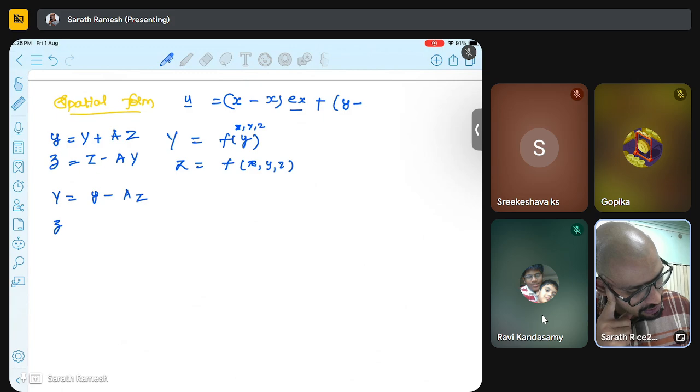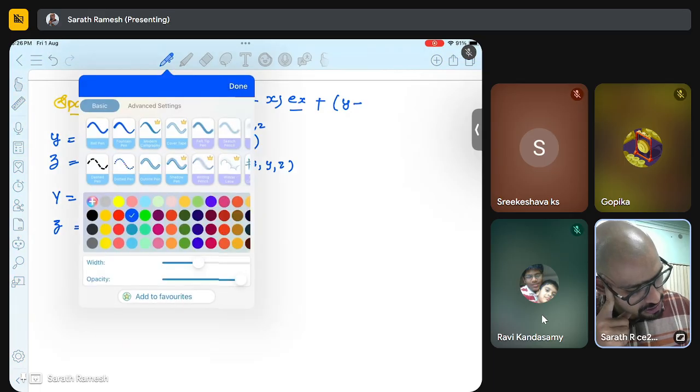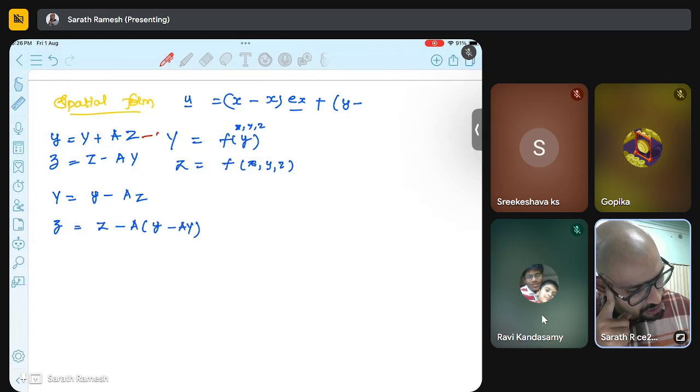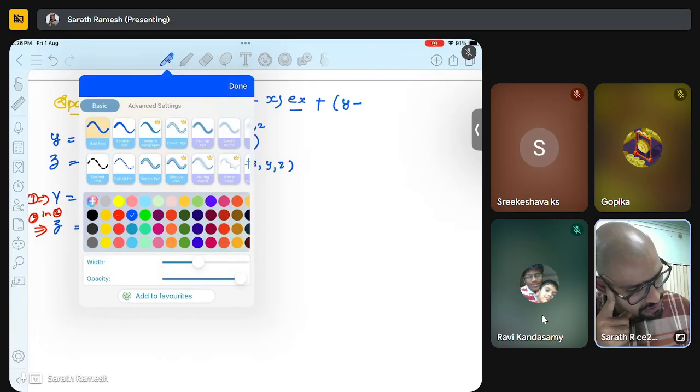So z is equal to capital Z minus A into small y minus AY. I assume this is equation number one, equation number two, and from one I am writing this as equation number three, and equation three in two implies z is equal to this.